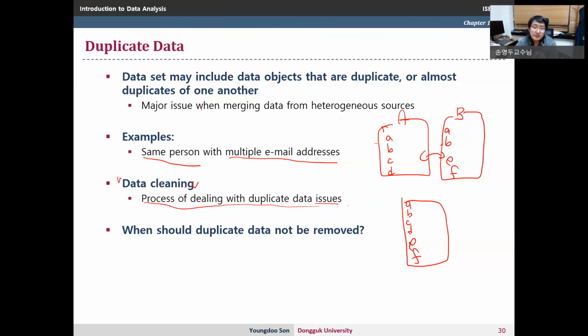However, sometimes these duplicated data should not be removed, if the duplications have some meaning.